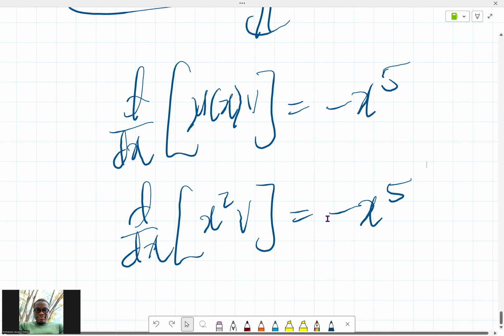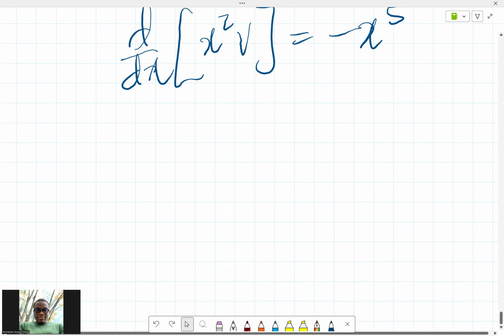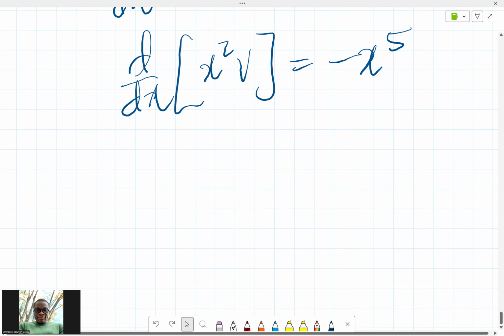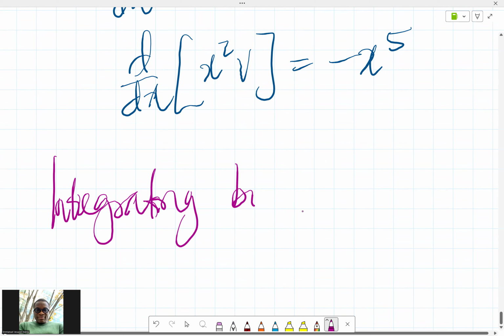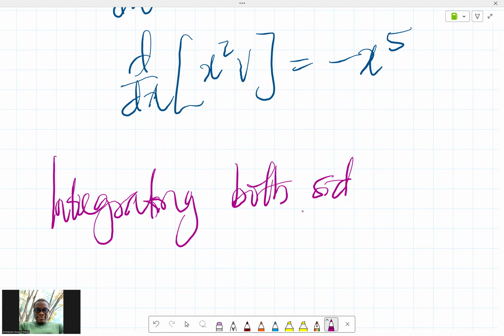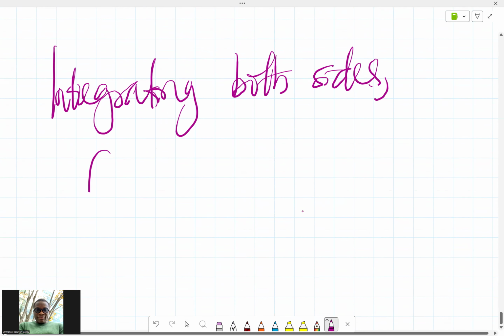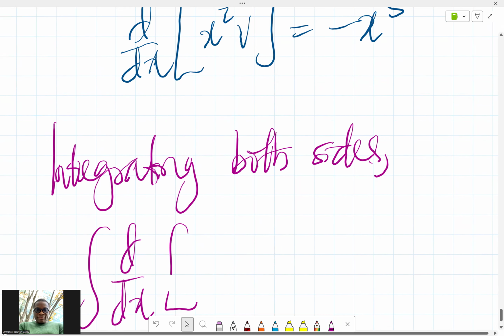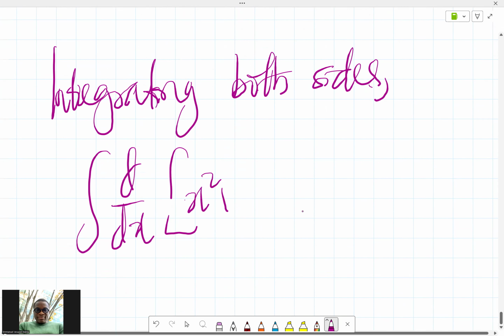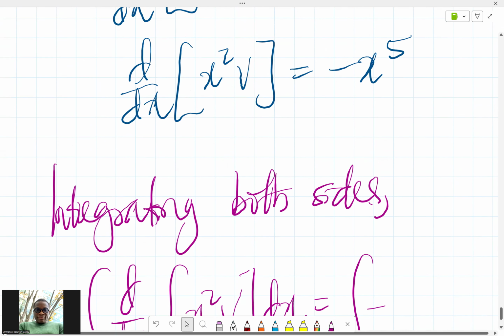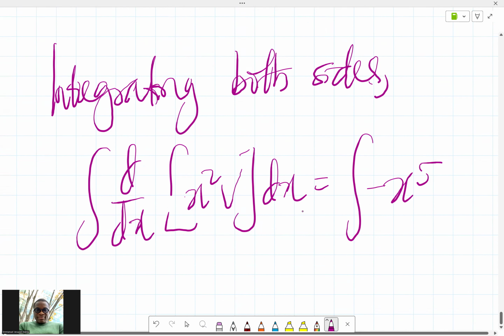With that in place, we can integrate both sides. So we have the integral of d/dx of (x squared v) dx equals the integral of minus x^5 dx.